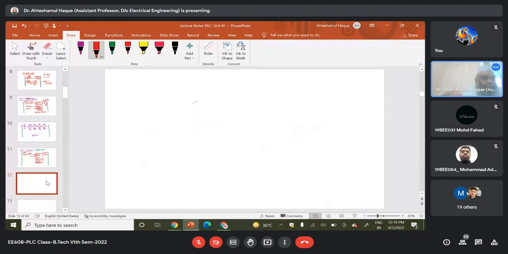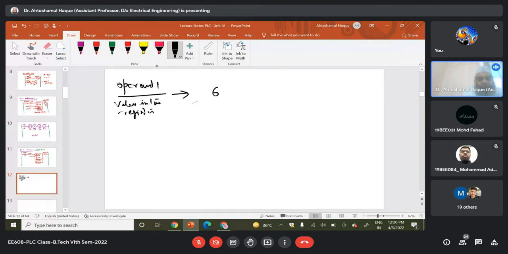So how it works. So I have operand 1. This is 16 bit value in two registers.